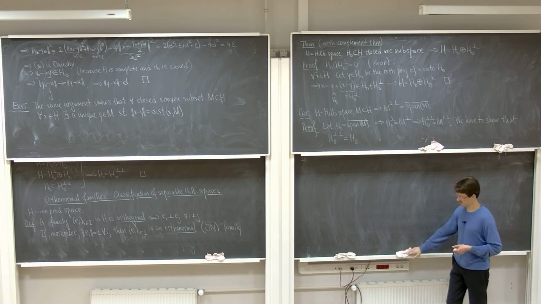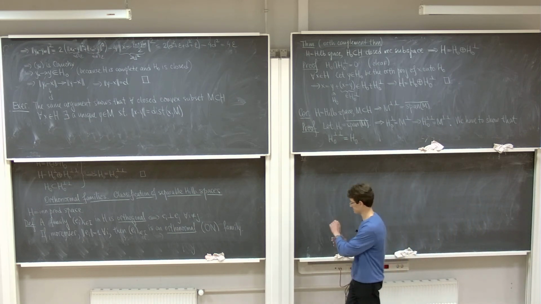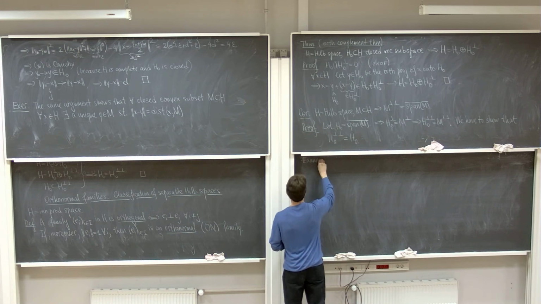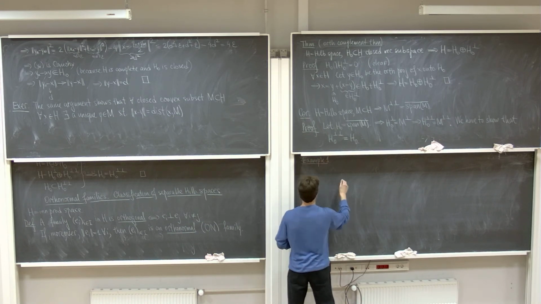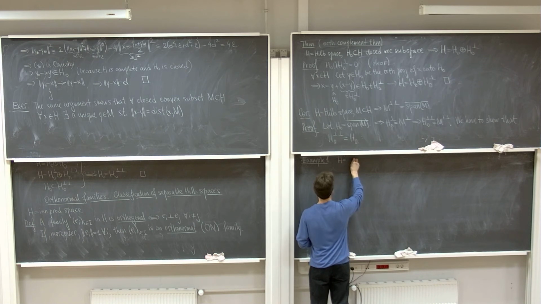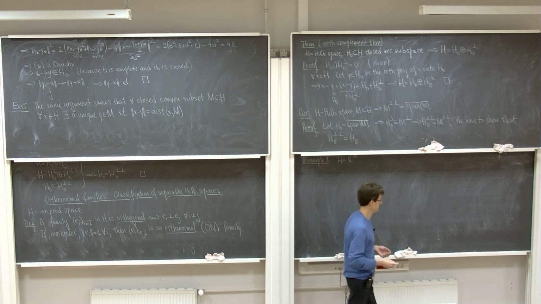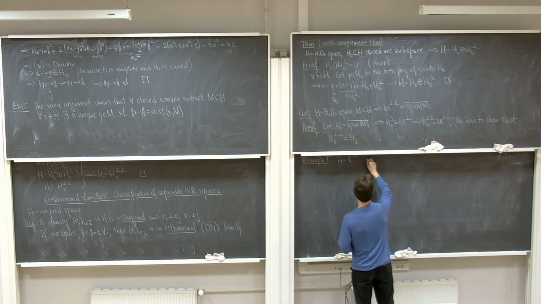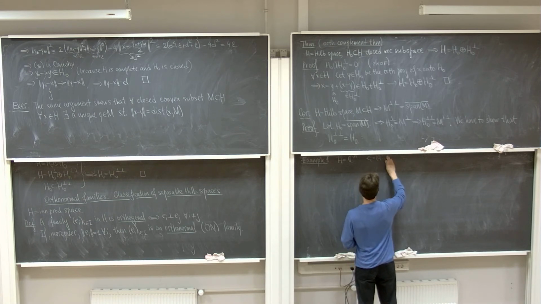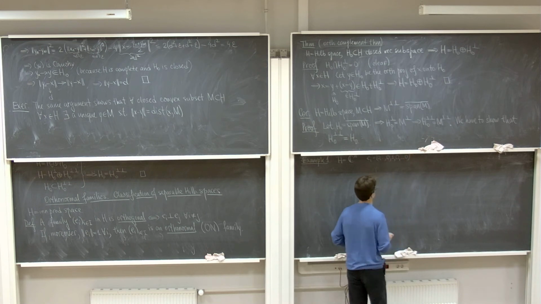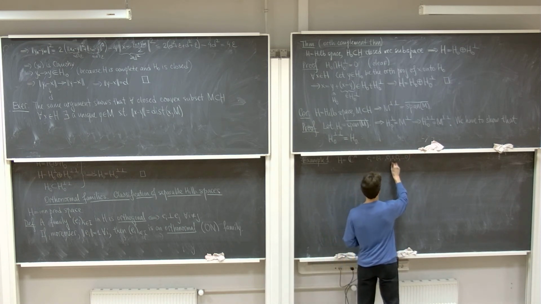Let's look at some examples of orthonormal families. Example 1 is finite dimensional. Suppose that H is C^n with the standard inner product. And let e_i denote the following element, where we have 1 at the i-th position and 0 elsewhere.